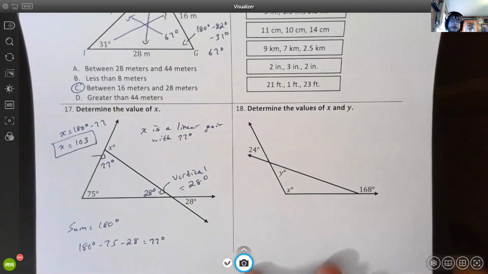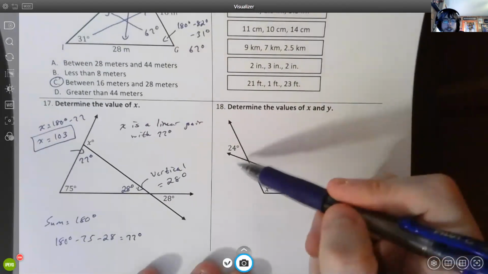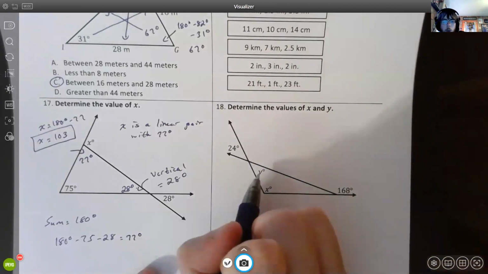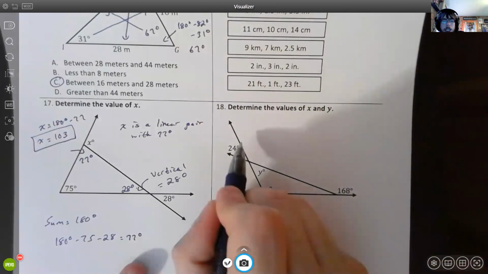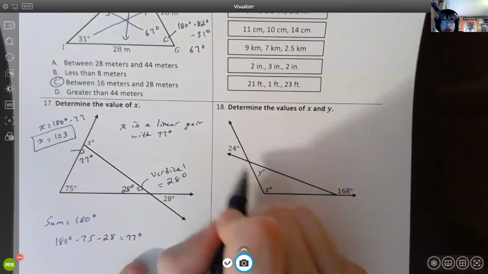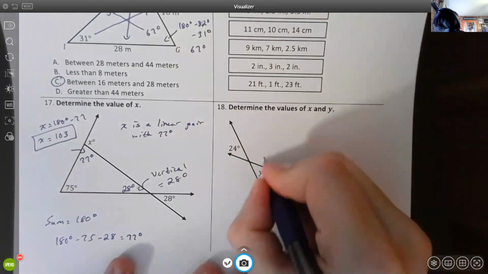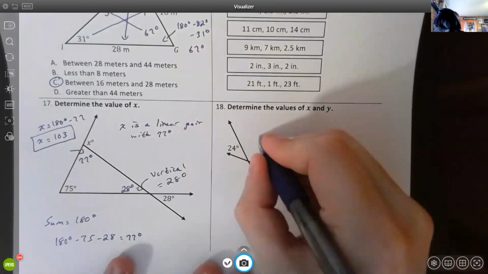And then number 18 is very similar. You'll see here that you want to find both y and x. Well, if we look at y, we see that it's opposite of this 24-degree angle. And so since it's opposite, we know they're vertical because of the intersecting lines. So that means that y is also 24 because it's vertical.